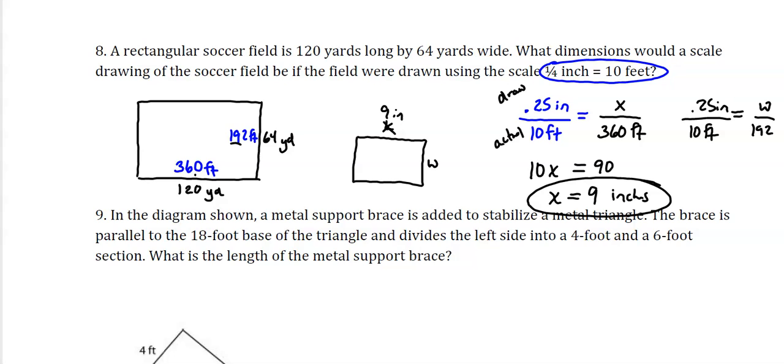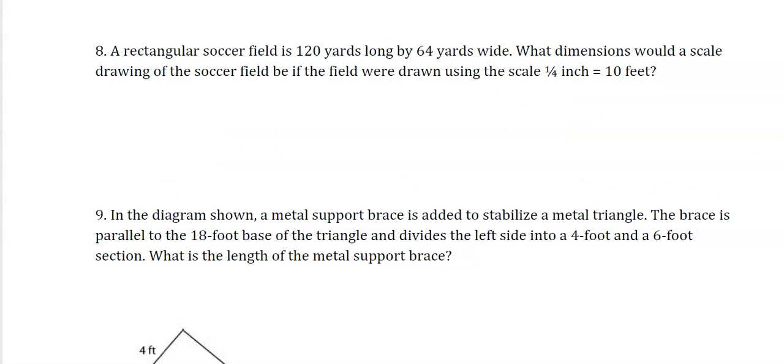So I cross multiply, and I get 10W is a quarter of 192 is 48. So W would be 4.8 inches. So I now have the dimensions. It's going to be 4.8 inches wide by 9 inches long. That one's not easy. That one's kind of tough.